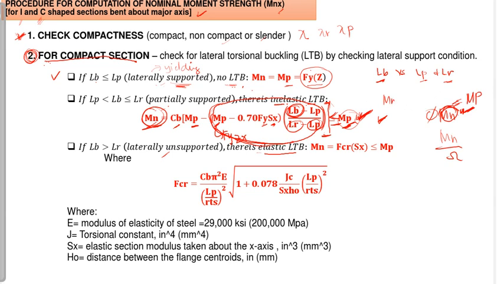Pag yung Mn ninyo is greater than Mp. So, kukunin nyo na yung correct value dito, yun yung i-substitute nyo dun sa design strength.